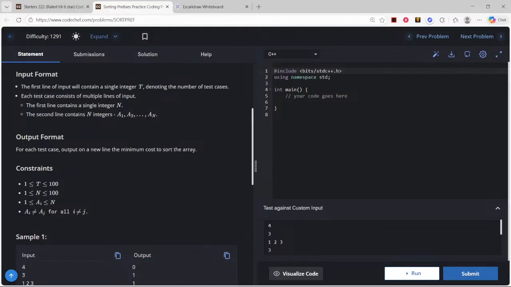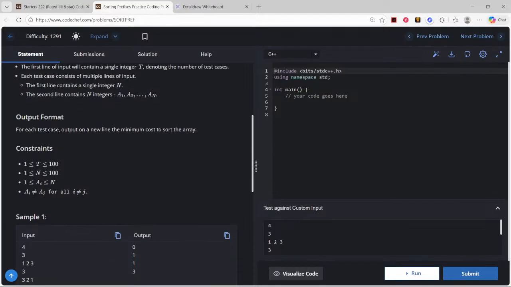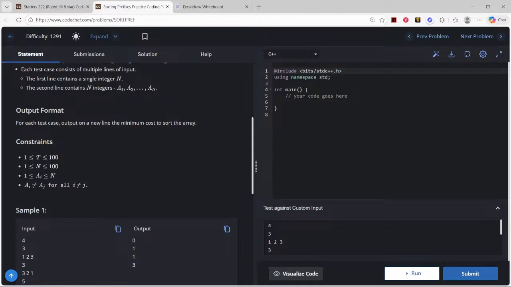The first line contains a single integer n, and the second line contains integers a1, a2, up to an. For each test case, output on a new line the minimum cost to sort the array.